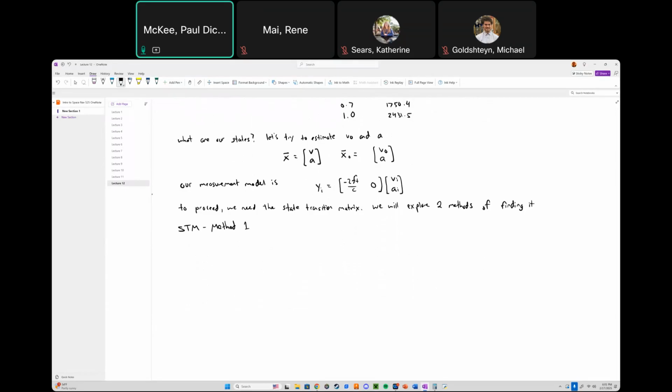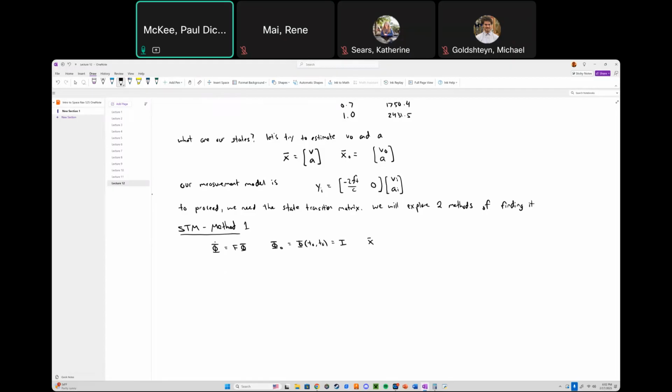So this is an example within an example. We want the state transition matrix for this particular problem, and we know the dynamics that are underlying it. We know that phi dot is F phi. We know that phi naught, which is to say phi from t naught to t naught, is the identity matrix.